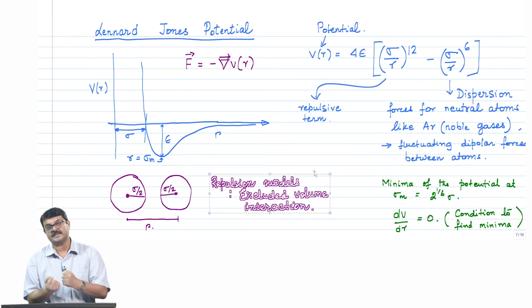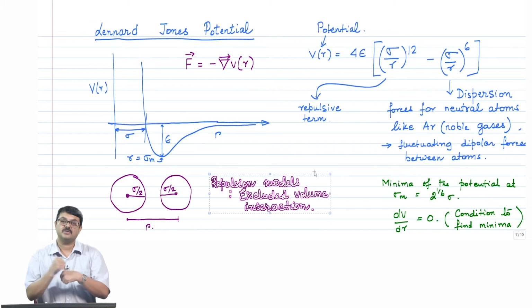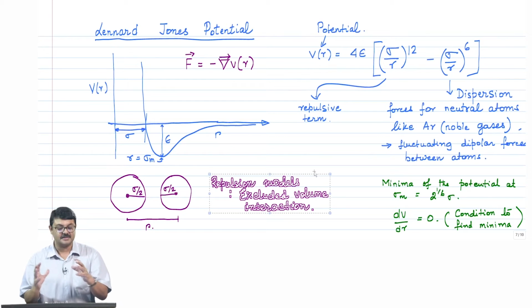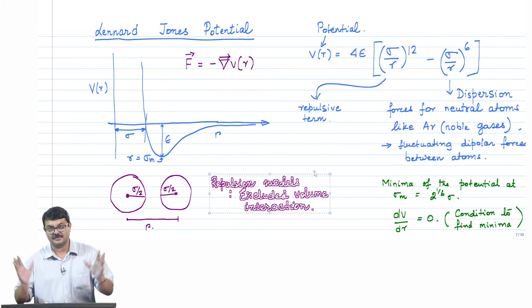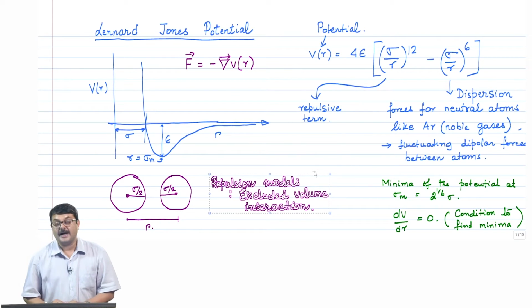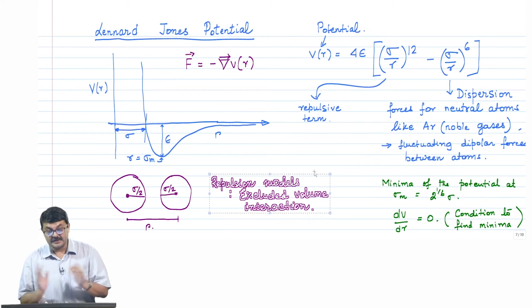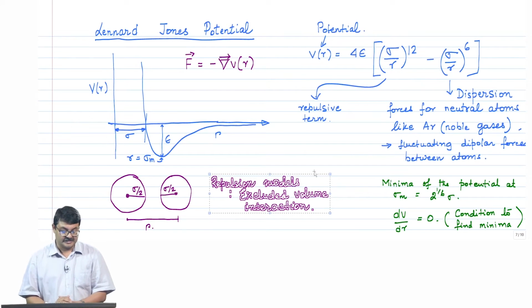Basically, two particles are not allowed to sit on top of each other. They exclude some volume. Electrons from the two atoms would repel the two particles away from each other, right.